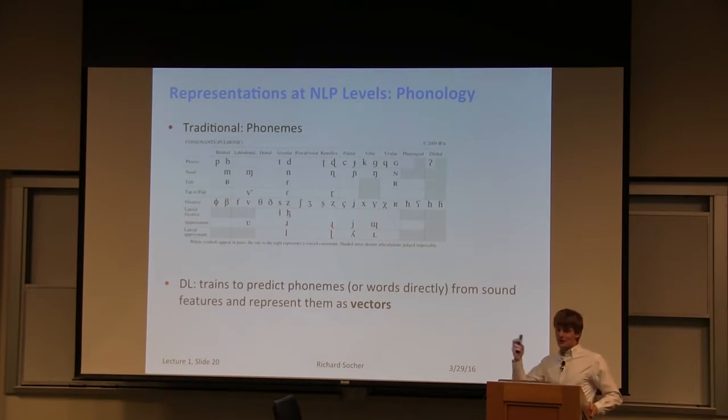All right, so let's go through these different layers of representation, and let's start with phonology. So originally, if you try to understand words from spoken language and transcribe it into written language, and you study linguistics, you would basically take a whole quarter on phonology, where you have the International Phonetic Alphabet, and you try to define all the different plosives, for instance.